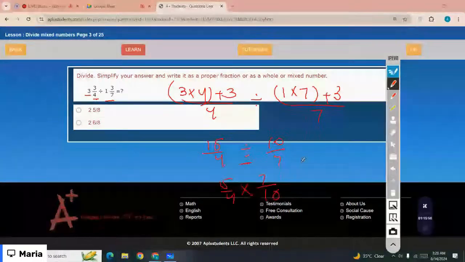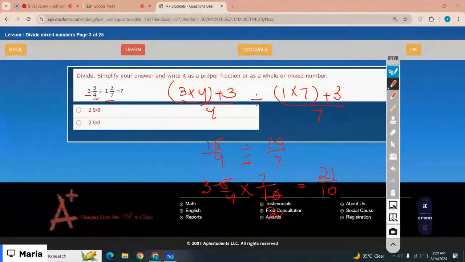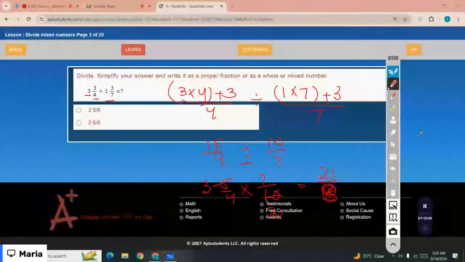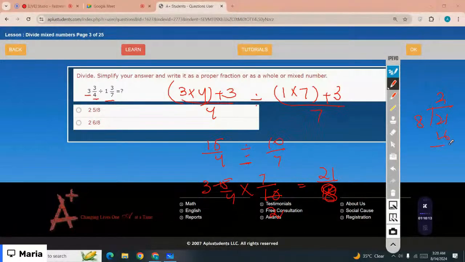So you have to do 5 times 3 is 15 and 5 times 2 is 10. So that is 21 over 8. 8 times 2 is 16, you have 5 left.